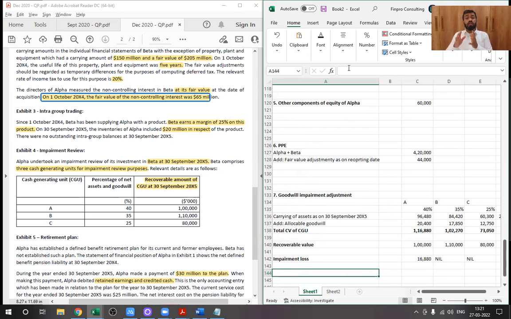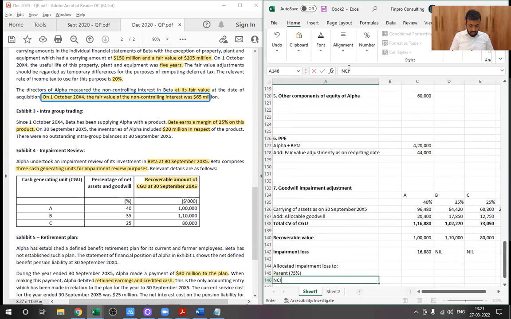Now this impairment loss is with respect to investment in beta. So it needs to be allocated to parent and NCI both. Am I right? So you have to consider this for allocation. Allocate impairment loss to parent 75% and NCI 25%.